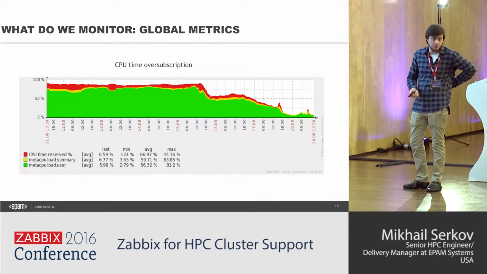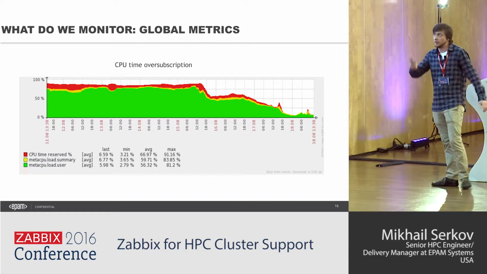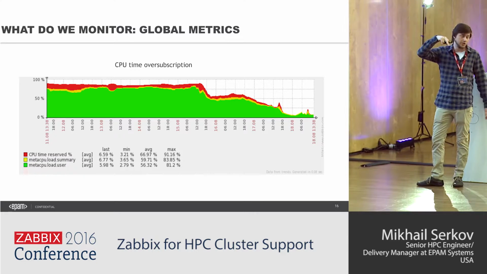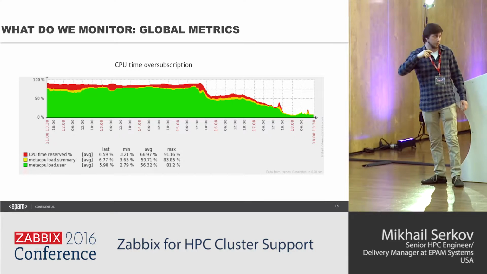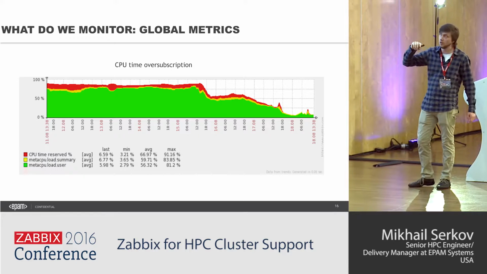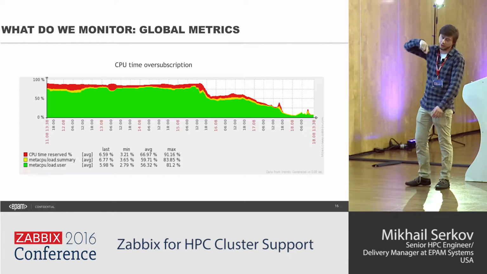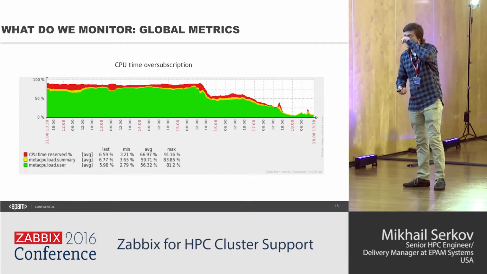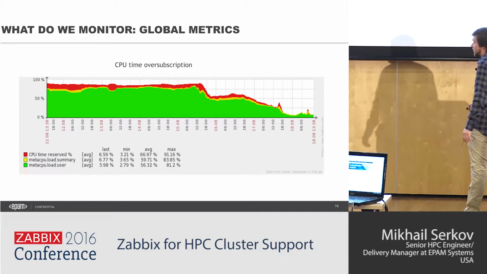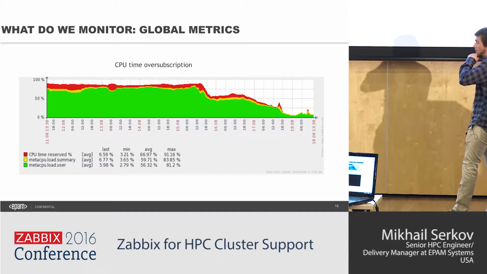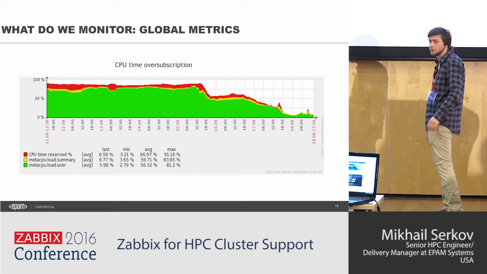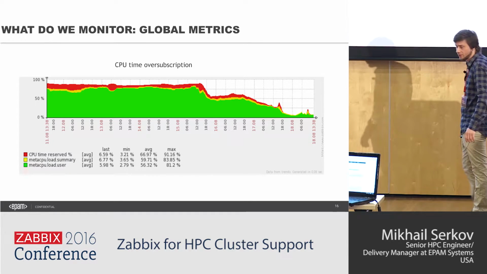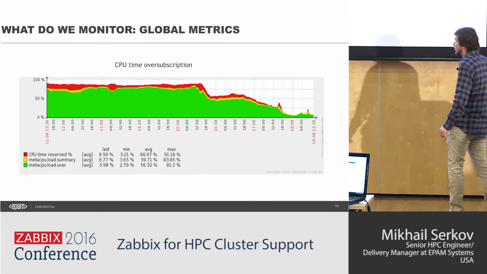Same thing for CPU time. The red is CPU time reserved. Green is actual user time on the node. And yellow is a summary, including disk waits and system time. So here we can see if someone ran his workflow not efficiently or oversubscribed the cluster or something like that.